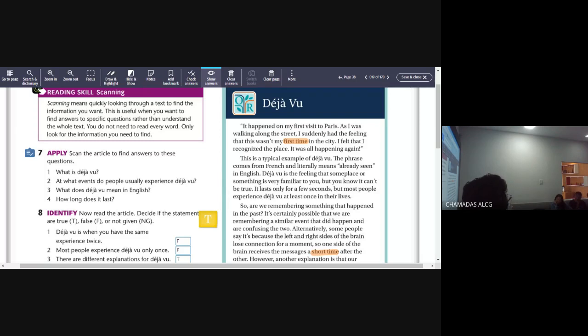When there is a loss of connection, okay. What else? Yes, go ahead. When the left and the right side of the brain lose connection. Yes, this is what they say, yeah.